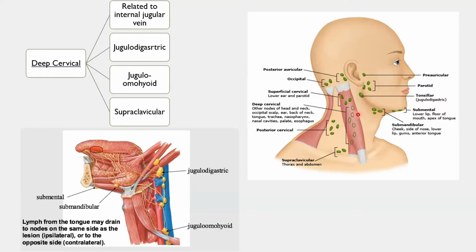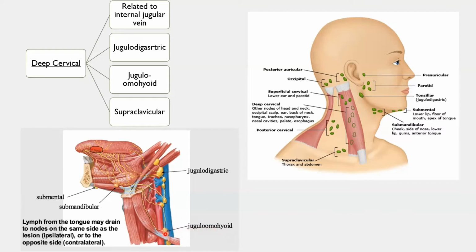Then the other one is the jugulo-omohyoid. It is related to the omohyoid muscle, the intermediate tendon of the omohyoid muscle here, and also posteriorly there is the internal jugular vein. So again, it's related to the internal jugular and the omohyoid, so it's called the jugulo-omohyoid node.